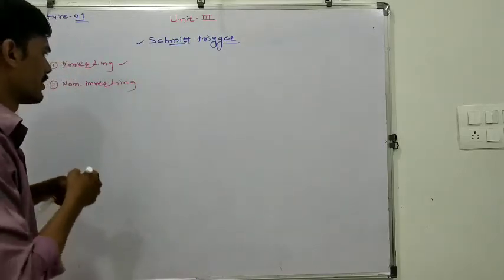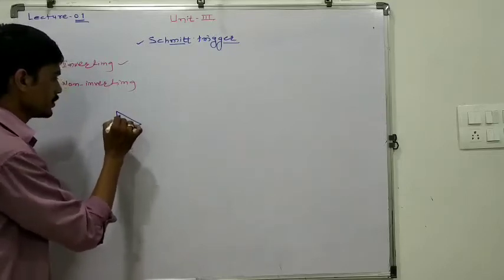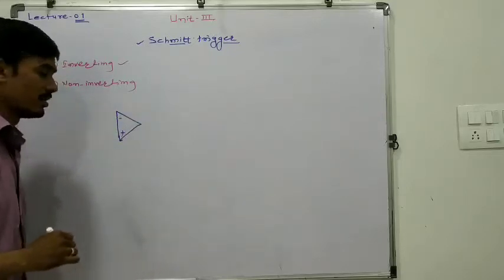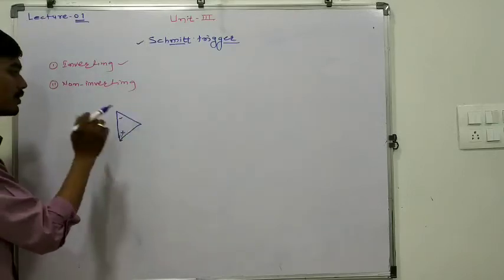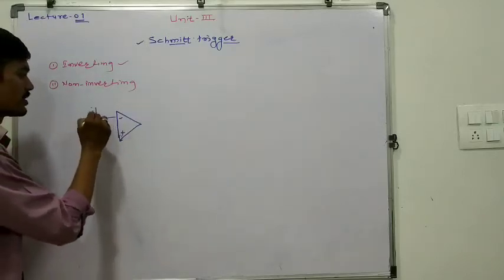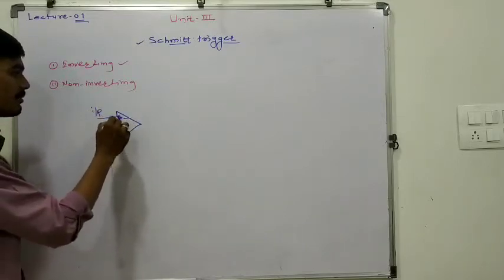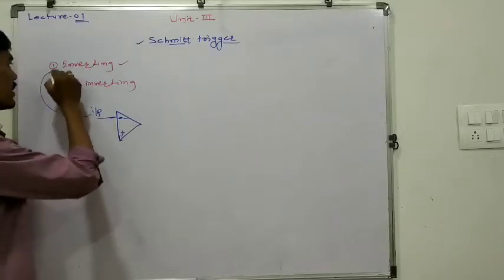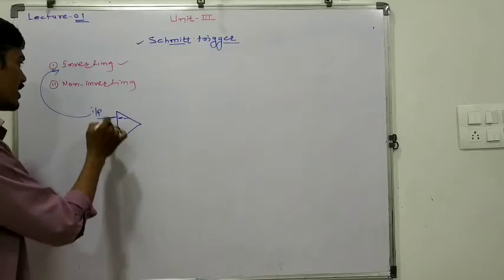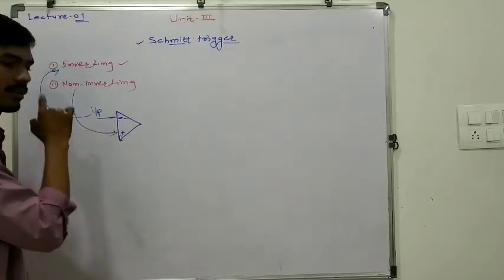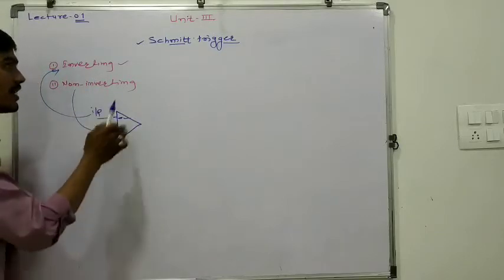The operational amplifier has two inputs, one is the non-inverting and the second one is the inverting input. If we are providing input to the inverting terminal, that is the negative terminal, then it is an inverting type of operational amplifier circuit. If we are providing input to the non-inverting terminal of the operational amplifier, then that circuit is the non-inverting type.